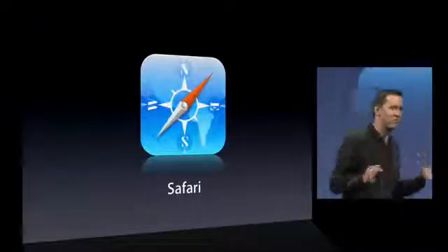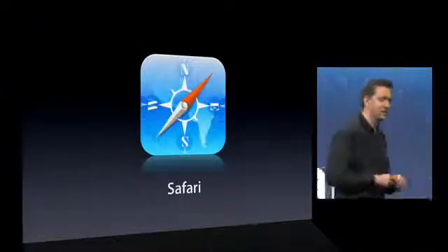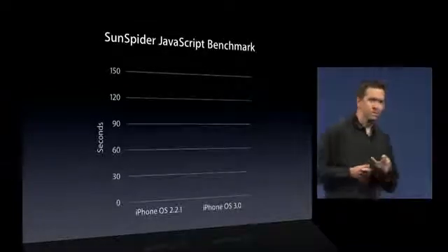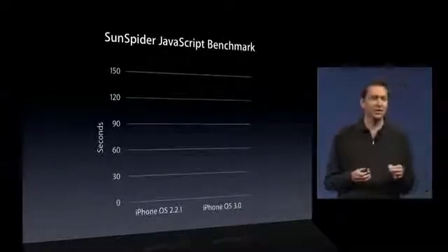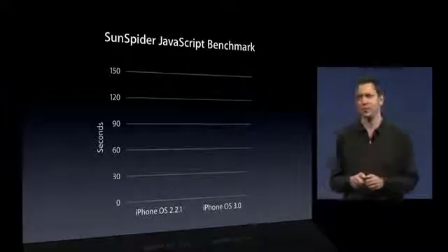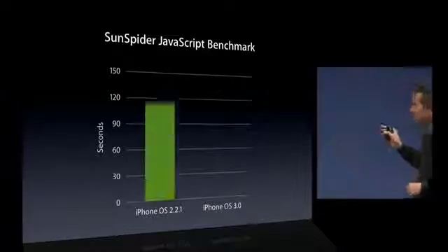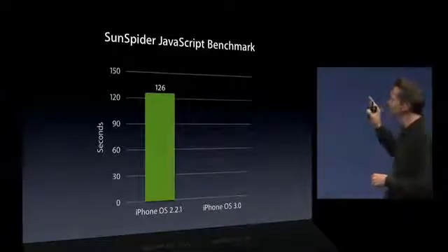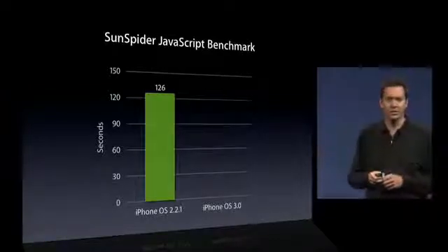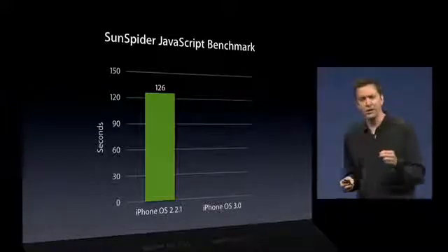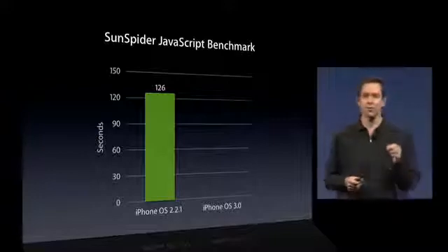We've got some great improvements to Safari, starting with performance. SunSpider is a standard JavaScript performance benchmark. And on iPhone OS 2.2.1, the last major update we had, on an iPhone 3G, we run this in 126 seconds. Now that is really fast. In fact, it's impressive just to complete this benchmark on a phone at all.